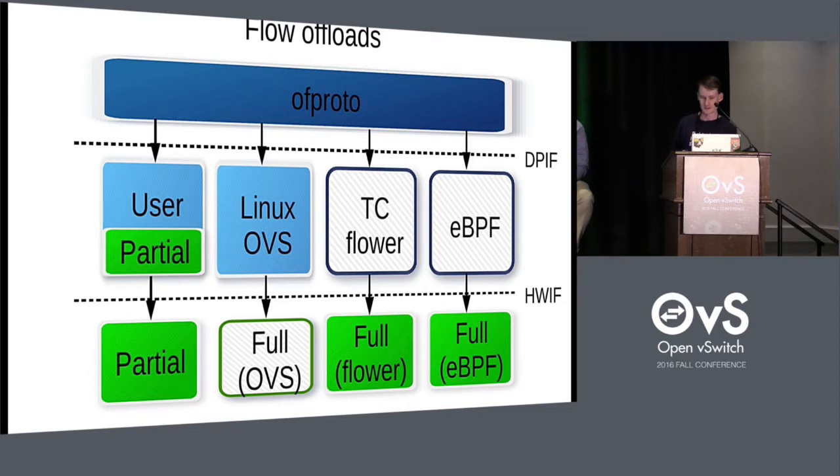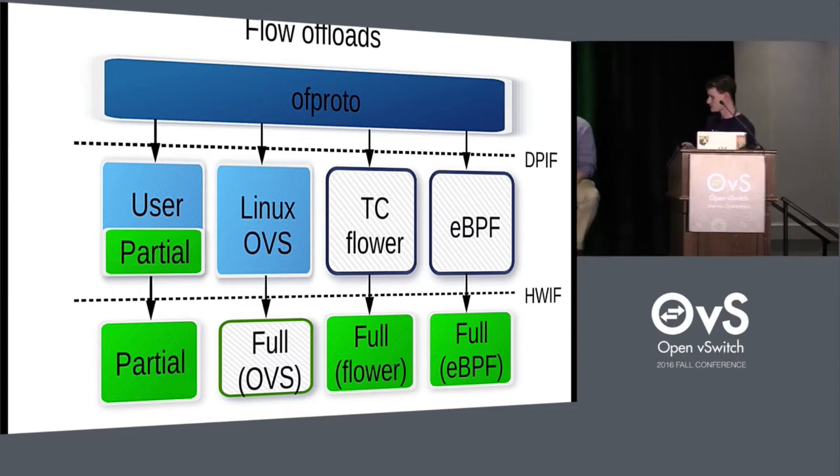And like I said, the Flower proposal is on the mailing list. And there's also a proposal to take the eBPF data path that's being worked on right now and perhaps even push that down to a NIC as well. So with that, I'm going to hand it over to Ethan to give some more description on the partial offloads.